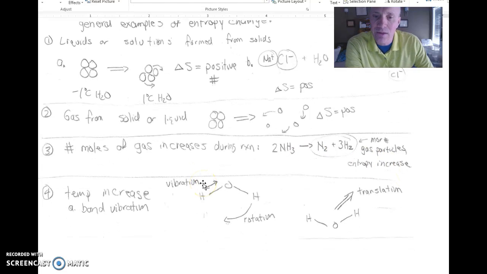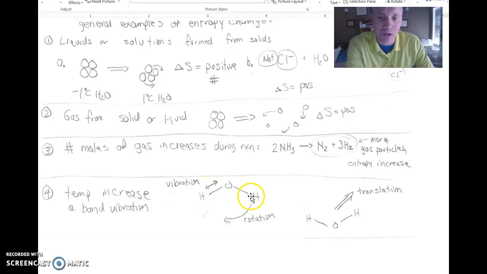All right. And the last type of increase would be whenever the temperature increases. So whenever the temperature increases, that means that the amount of motion of the molecules or atoms has increased. And there's a lot of different types of motion. First of all, you can have vibrational motion within the bonds.